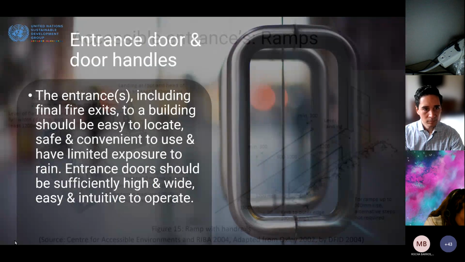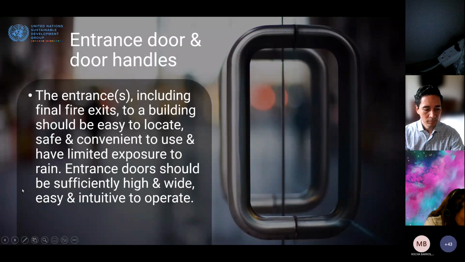And then there has to be signage from the building that directs users to the main entrance, clear enough to be identified by drivers, passengers, or persons with disabilities themselves.